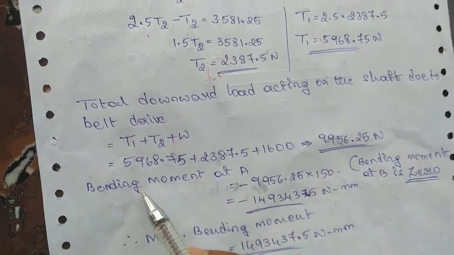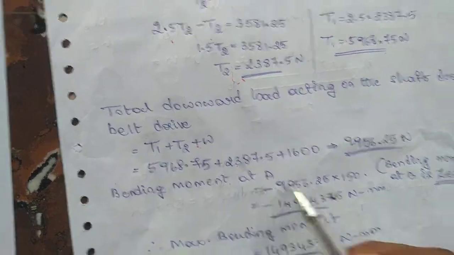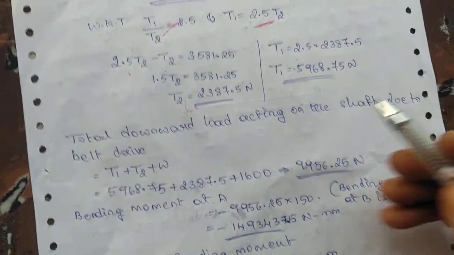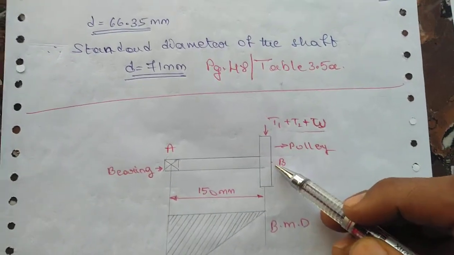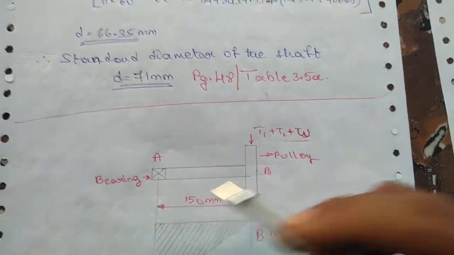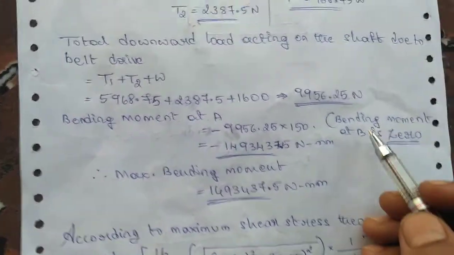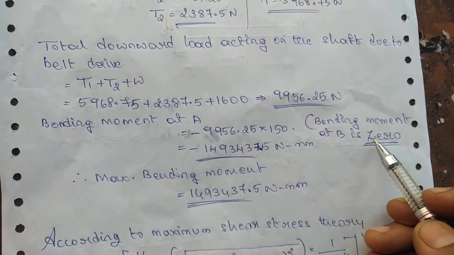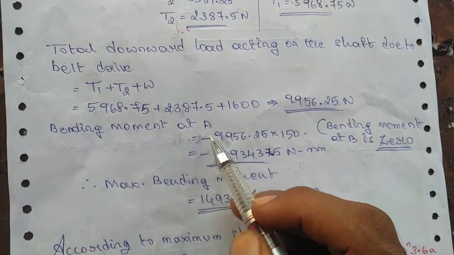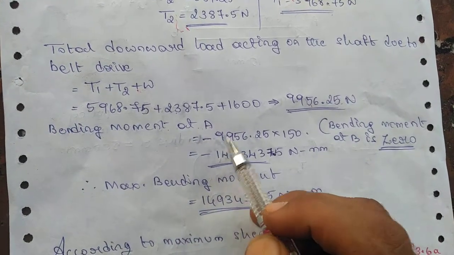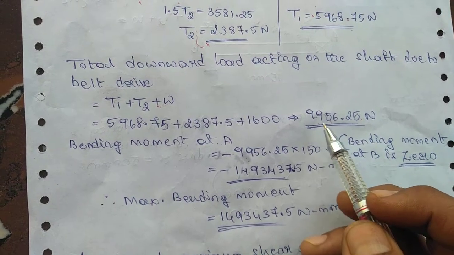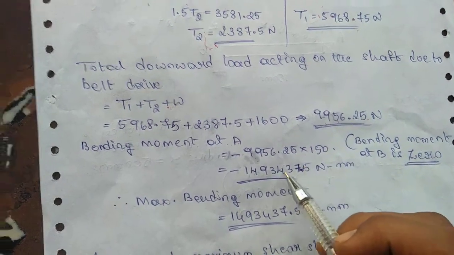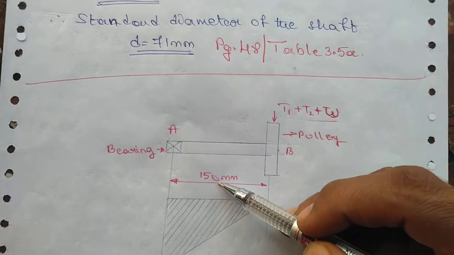So next we have to calculate bending moment. I will show you the bending moment. From this side, we are calculating bending moment from B to this one. So the bending moment at B is 0, and the bending moment at A is the value of total downward load into 150, that is the distance, 150 millimeter.